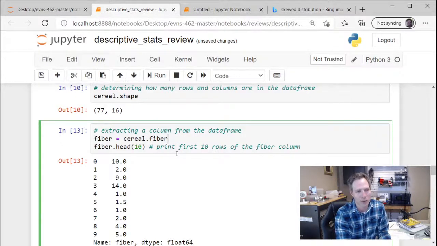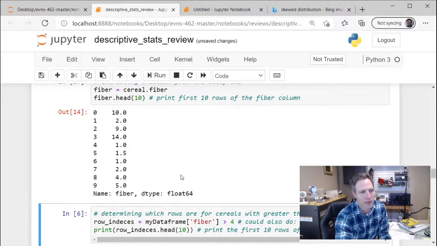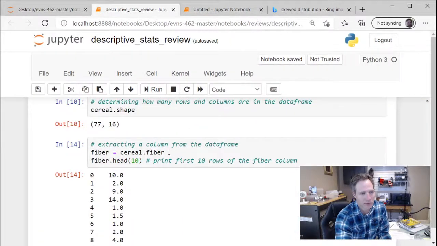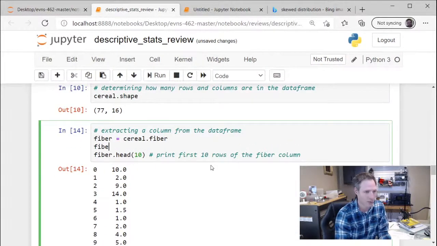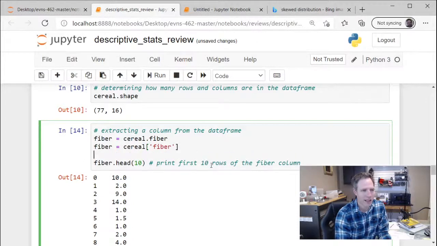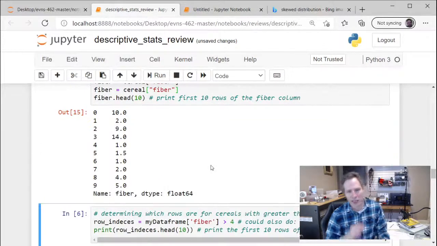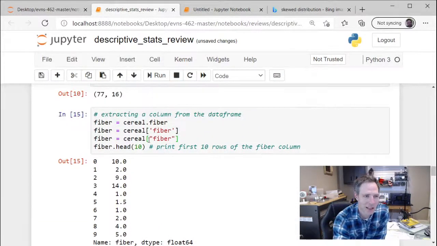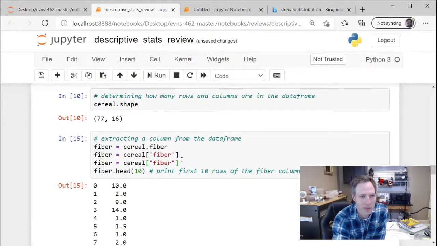I can put serial.fiber and it pulls out the fiber column. I'll write them all here. All of these commands do exactly the same thing. Those three commands pull out the data in the column with the heading fiber.